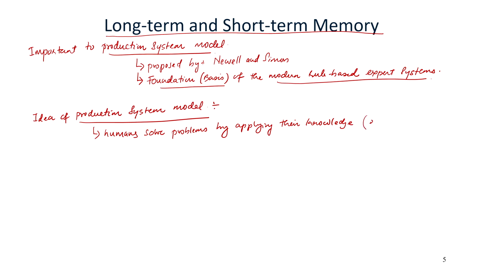This knowledge is expressed as production rules. So, humans solve problems by applying knowledge to a given problem. Another way to think about it is problem specific information.